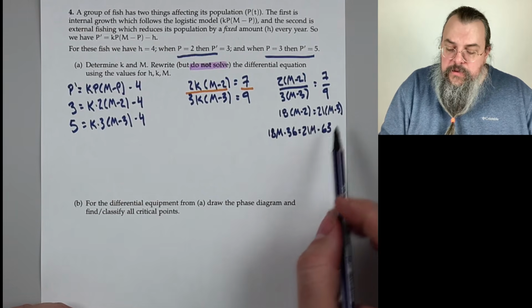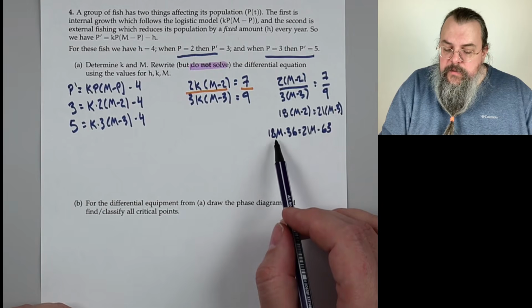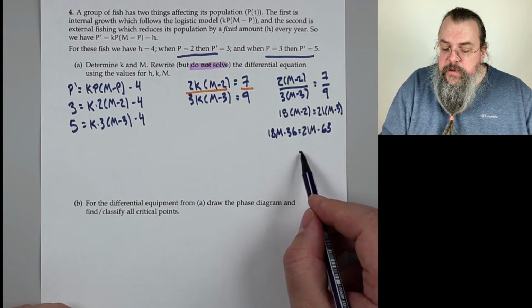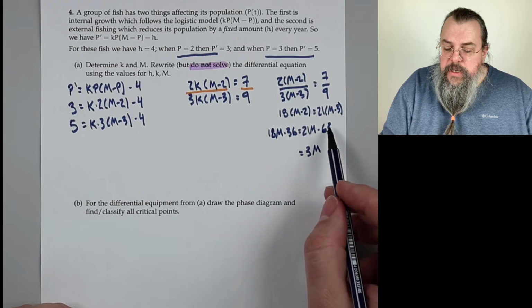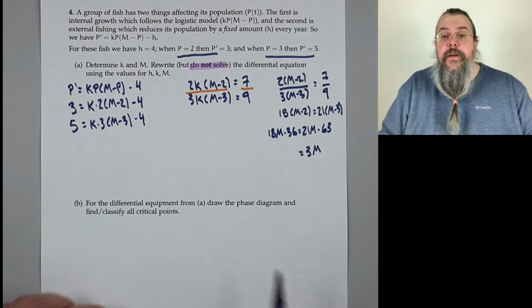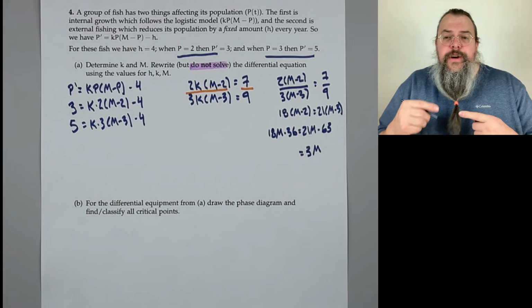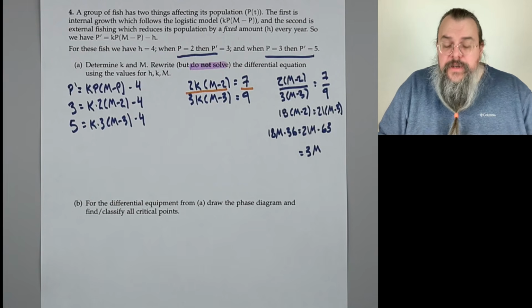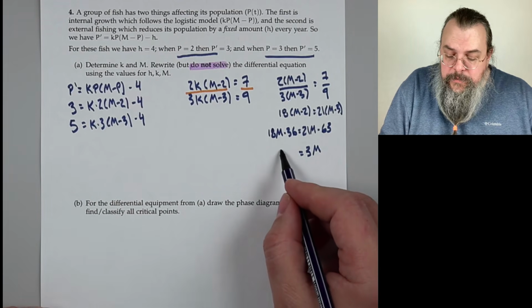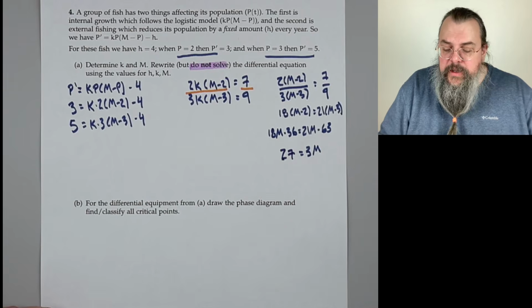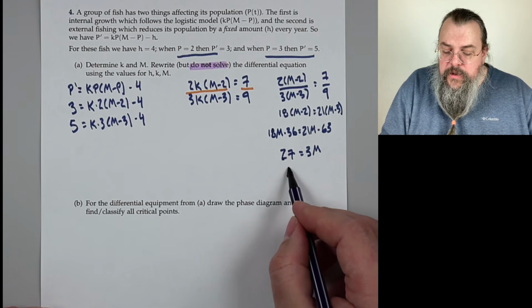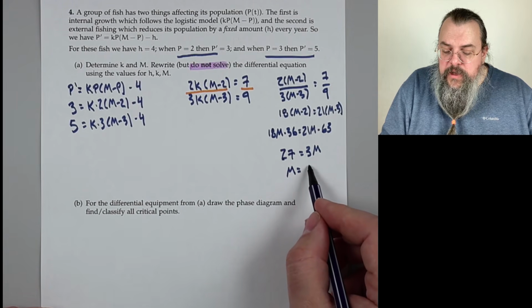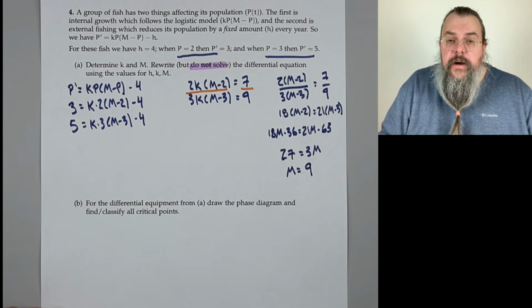And okay, we do some rearranging. For example, we can subtract 18m and we'll have a 3m. We can add 63, and of course this one you have to think about for a second. What's 63 subtract 36? And the answer is 27. All right, so lo and behold, we get m equals 9. All right, so that's m.